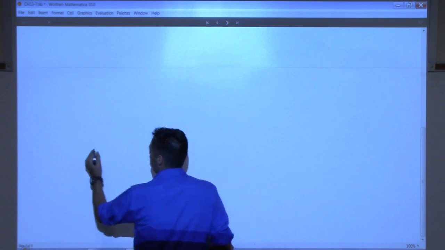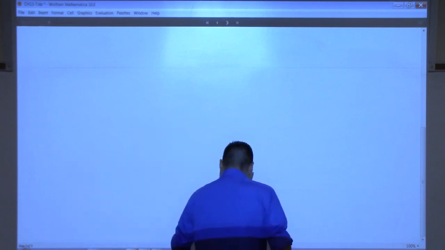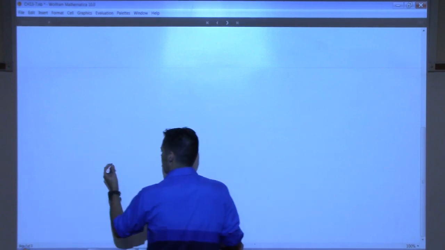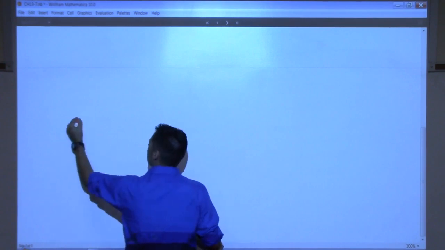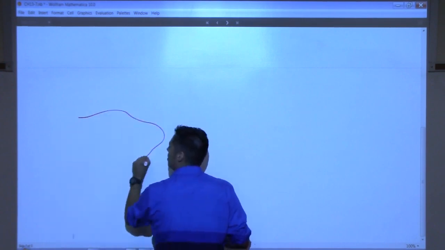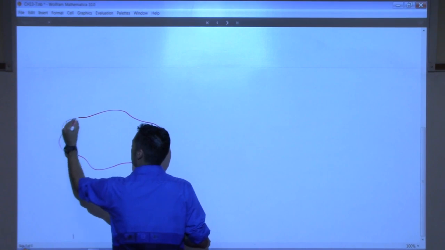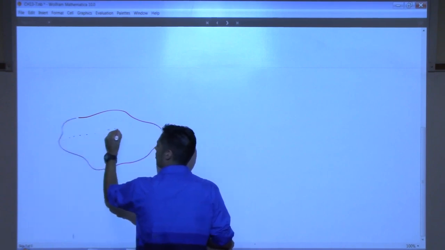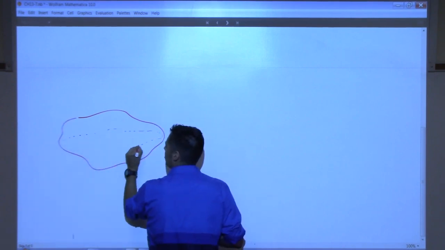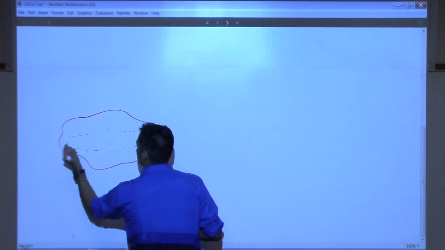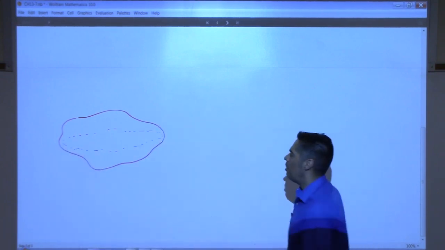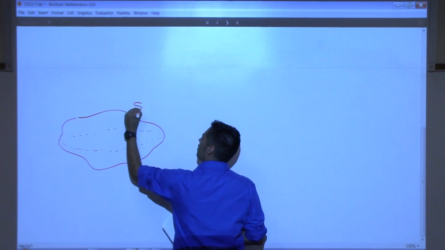So let's say that we have a surface, a three-dimensional surface. I'm just drawing it so you can see it has some depth to it. I'm going to call this surface S2.